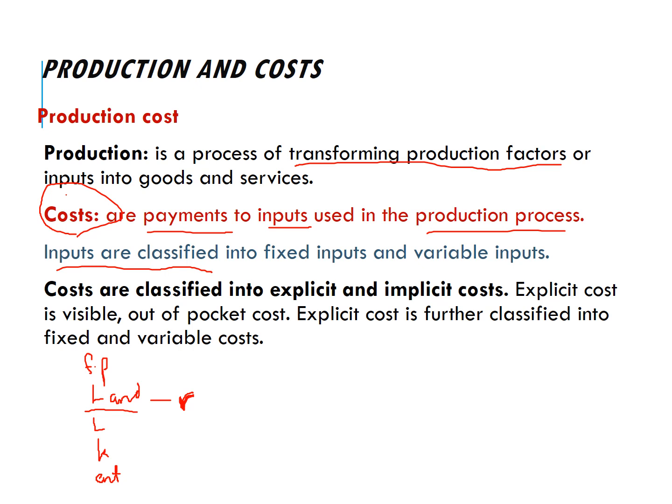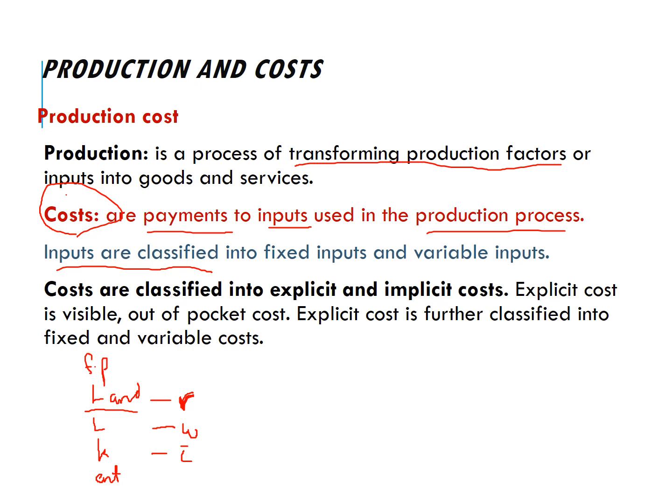And then for labor, if you hire a labor, you have to pay them in terms of the wages or salary. And then if you use capital, you have to pay in terms of the interest rate, which we denote as I. The symbol is I. Why interest rate?